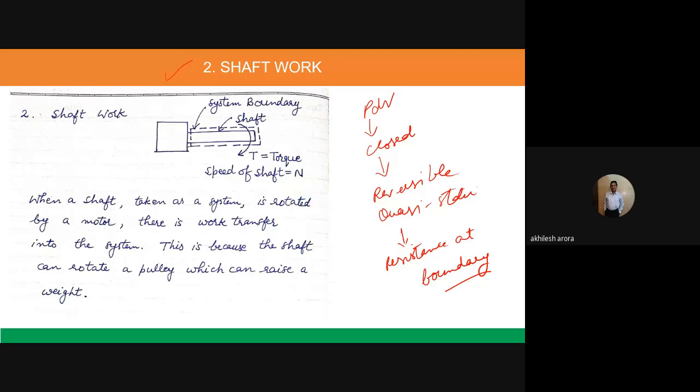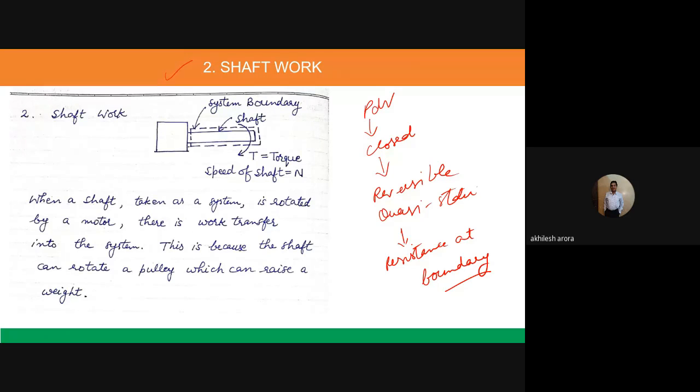The blades are mounted on that shaft. When the shaft rotates, the blades of the fan also rotate. Or in a washing machine, the rotor is mounted on a shaft. So a shaft is something which is rotating, and it is a cylindrical section in most cases. So we are calculating the shaft work in that particular case.